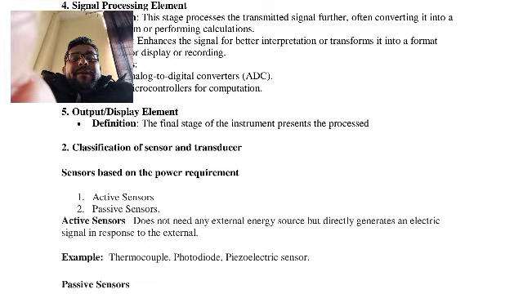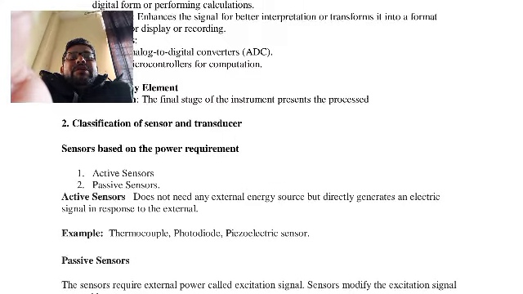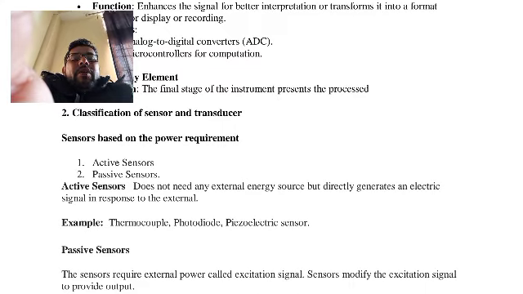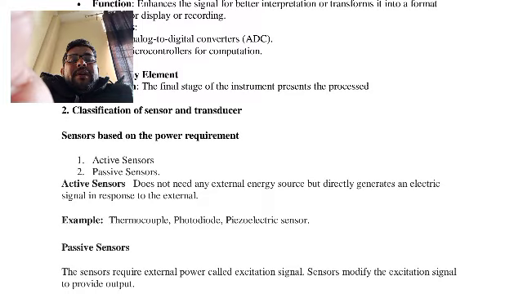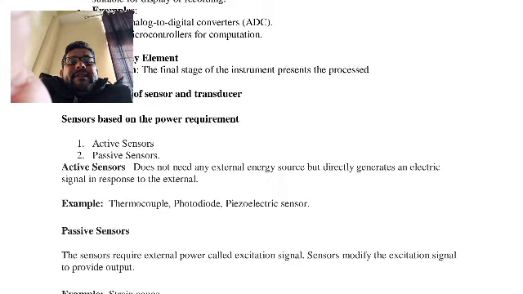First, based on power requirement, we can categorize them as active and passive. Active transducers do not require any external energy source but directly generate an electrical signal in response to an external stimulus. For example, thermocouple, photodiode, and piezoelectric sensors. These are the active sensors.